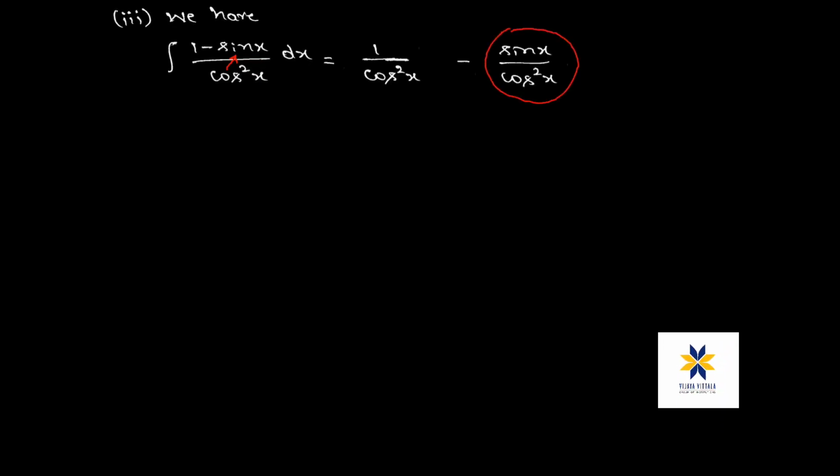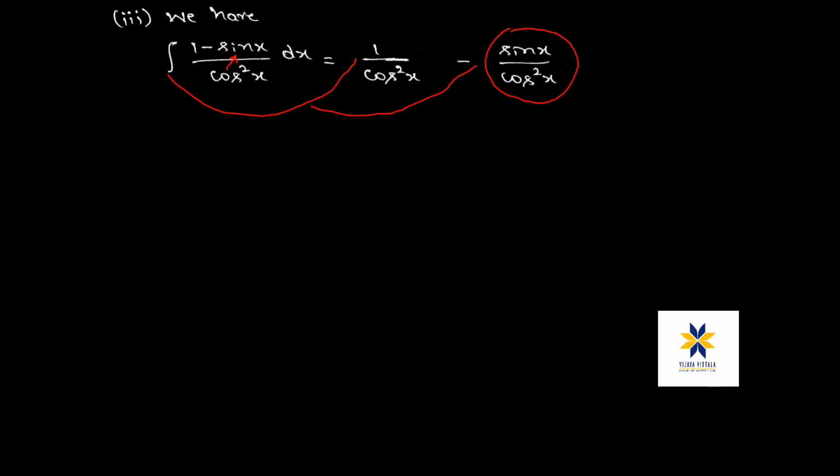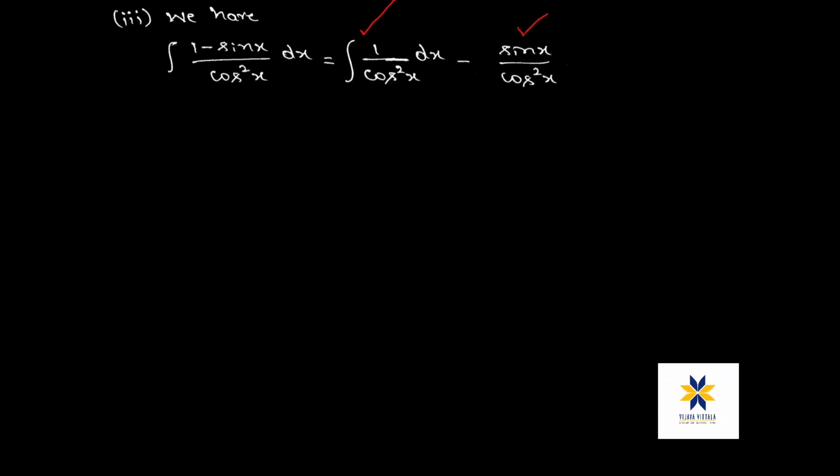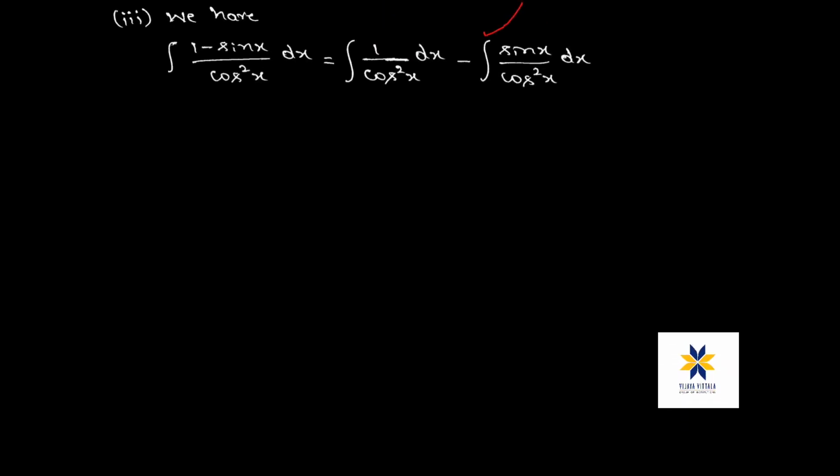Now let us split this integral for both the terms. I have written the integral symbol for the first term. We will write the integral symbol for the next term as well. Yes, we have written here.